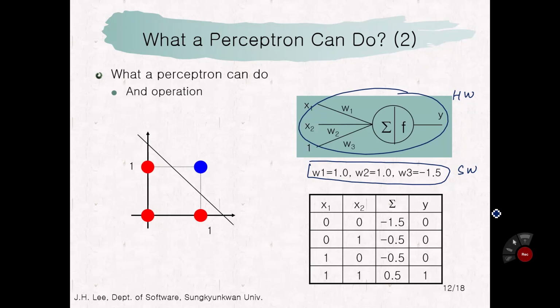I will prove this. What is software? Do you like a C program? For example, main, int, printf, blah, blah. Do you think that is software? No, this is not software. A computer cannot understand this program, so you have to translate it into machine language.